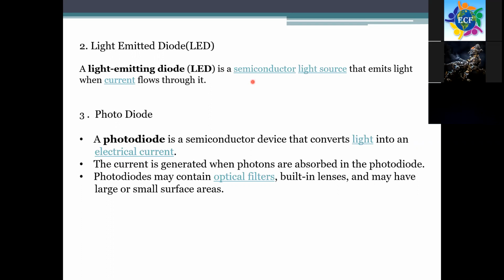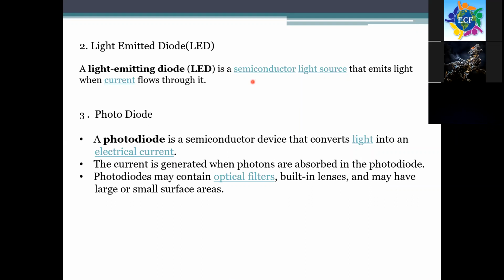The current through a photodiode depends on the light intensity, and the photodiode is normally operated in reverse bias, whereas your LED is operated in forward bias. When it is exposed to light, due to the energy of light, electron and hole pairs are generated. Therefore, the current flows through it.